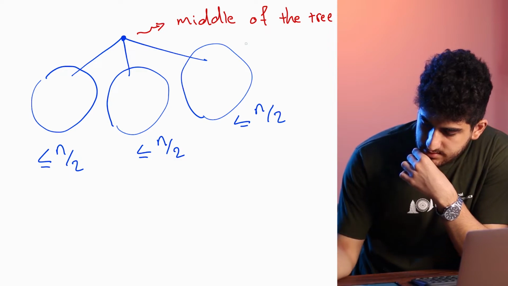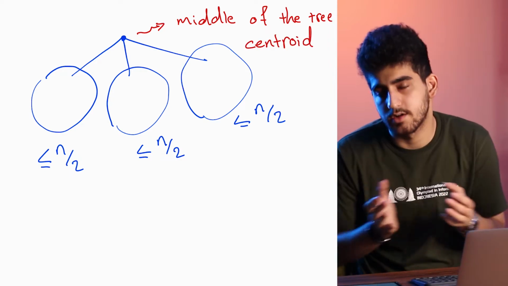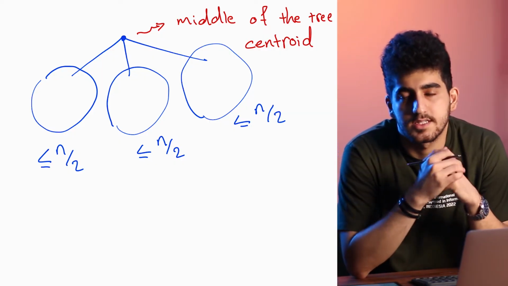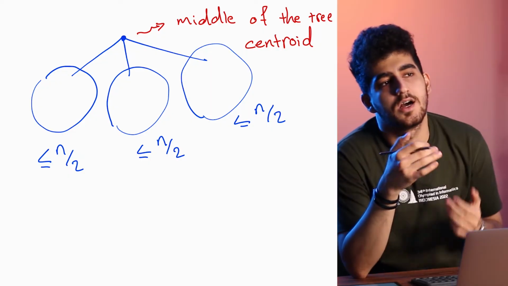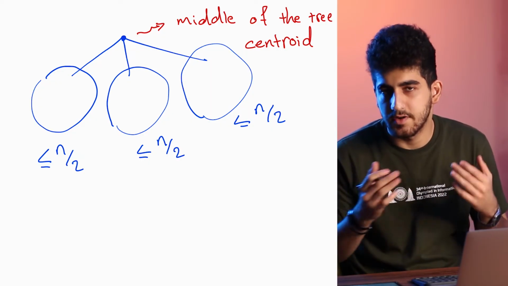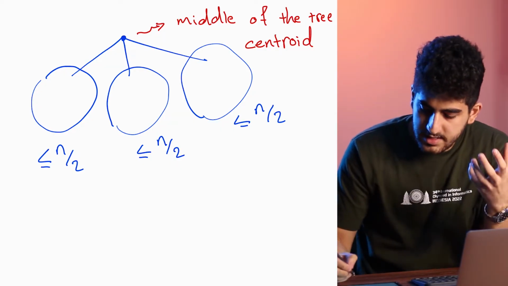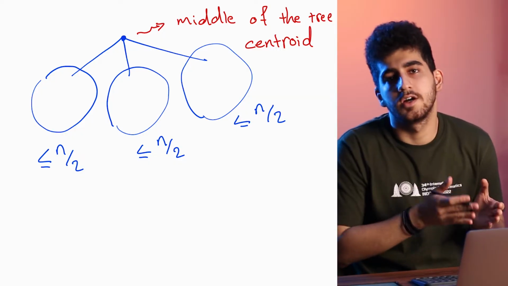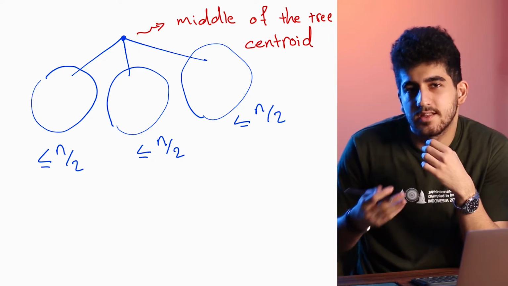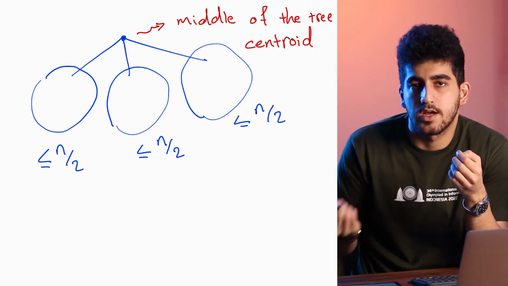It's like a vertex that, by removing it, all our subproblems will have at most n/2 of the vertices. For instance, if you are familiar with the simplest problem, binary search, you know why n/2 is good, because when you always divide your n by 2, these divisions will last at most log n times, and this gives you a good time complexity.